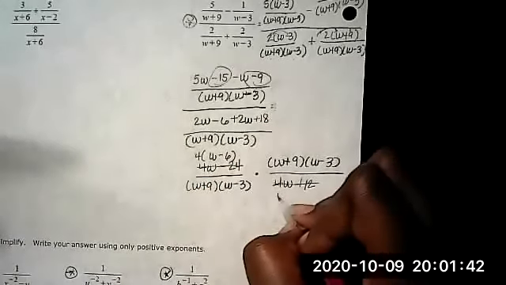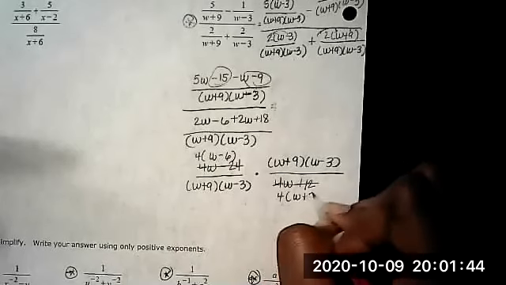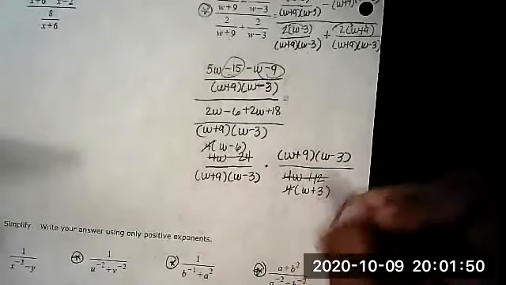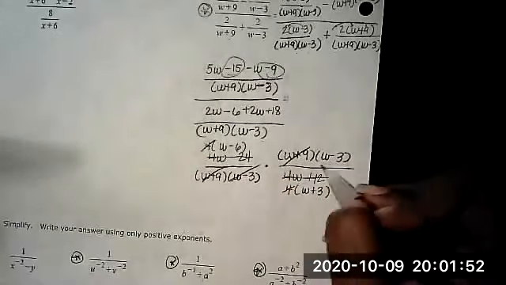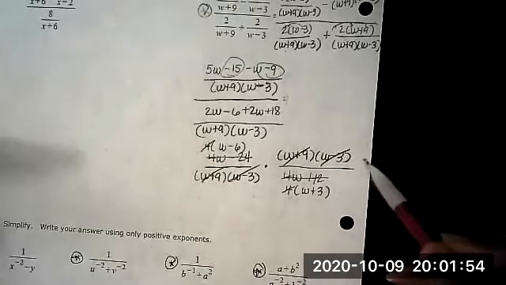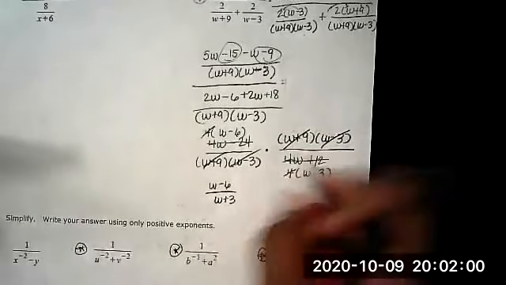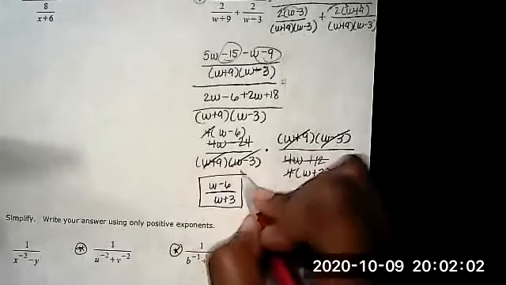Take the greatest common factor 4 out, W plus 3. I see the 4's cancel out there, W plus 9, W minus 3's cancel. What's left over is W minus 6 over W plus 3. And that is your answer.